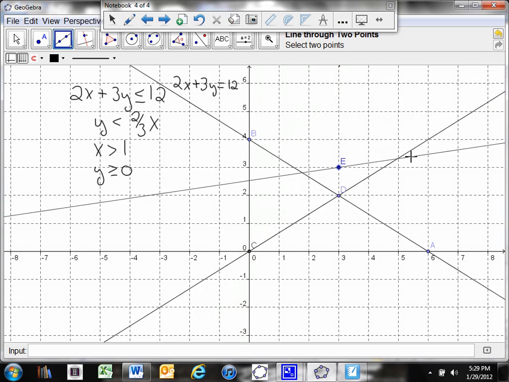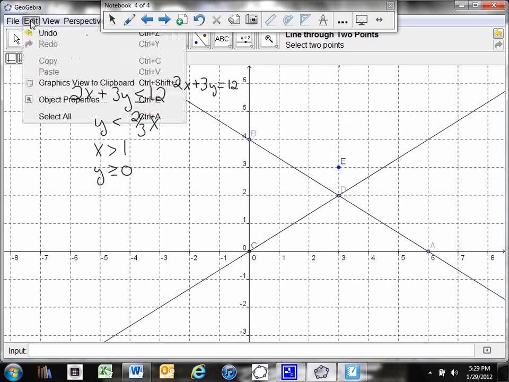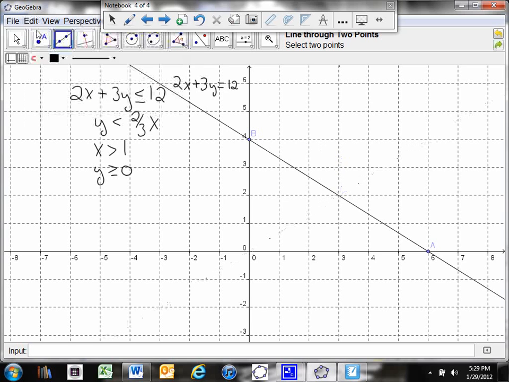Now the issue with this line, I'm going to get rid of what I just did. I do this all the time. I'm going to do my line again. I'll click in at 0, go up 2, and go over 3. The issue I've got with this is that it's a solid line.